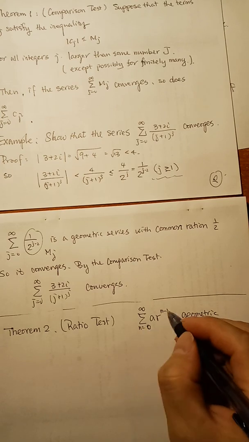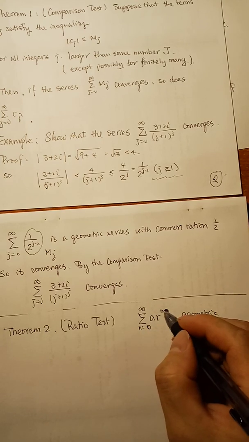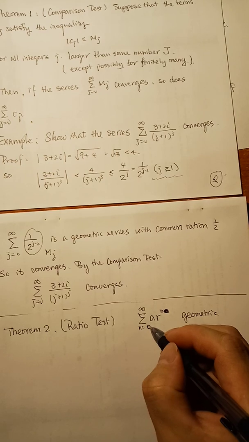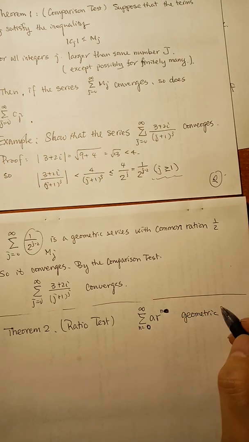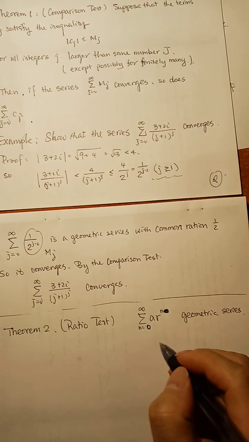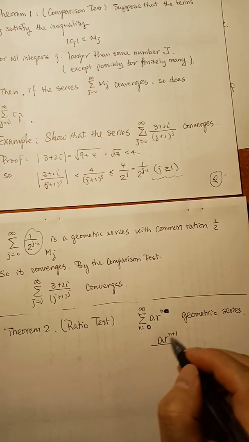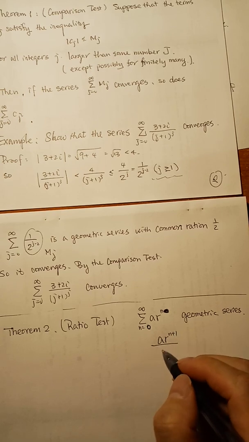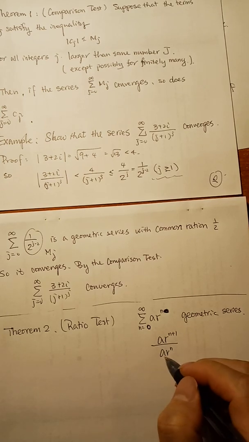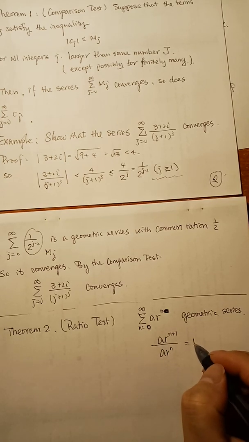If you put a 0 here, this is a r to the n. Okay, let's start from 0. It's a geometric series. The next term is a times r to the n plus 1, the current term is a times r to the n, then the ratio is r.